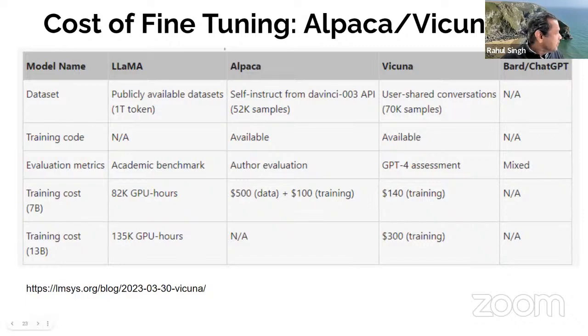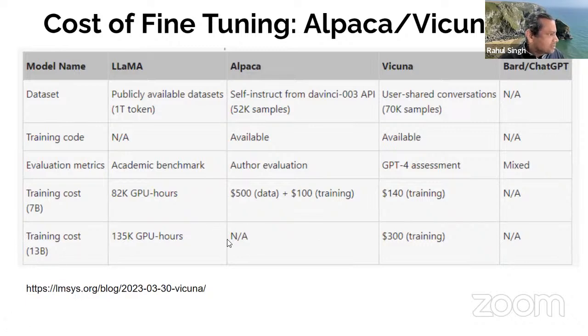I just got this off the internet, you can Google how much a GPU hour is. That's the amount of GPU processing. So 82,000 times $2.40, about $200,000 for this one, and roughly twice that, about $400,000, to train the better model here, right?